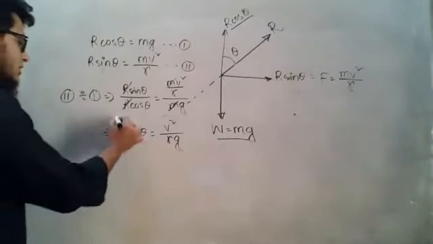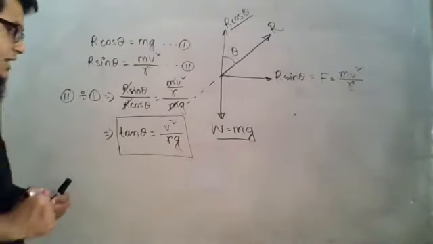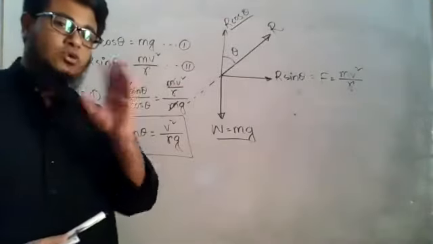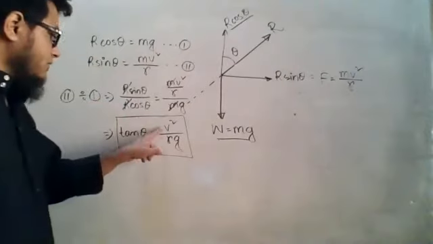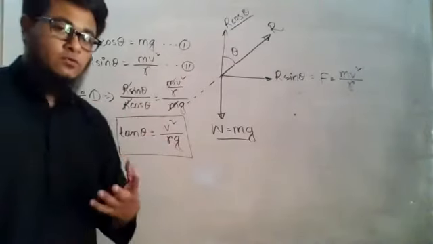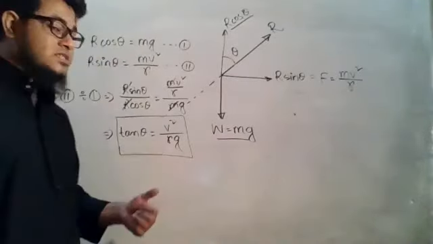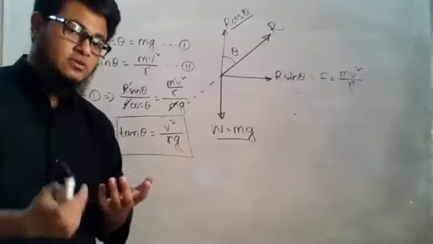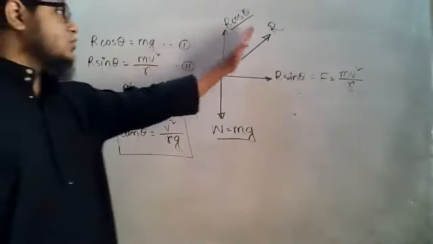So this equation is very important. Why? Because through this equation, we can calculate what angle the cyclist needs to incline in order to stay on the path with a given velocity and radius of the path. You have to know at what velocity you want to go, and what is the radius of the curved path. If you know these two parameters, then I can tell you, or you can calculate yourself, what angle he needs to incline.